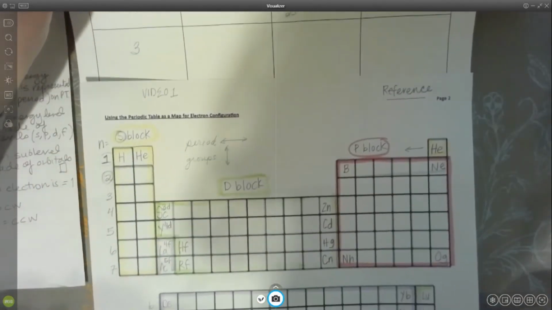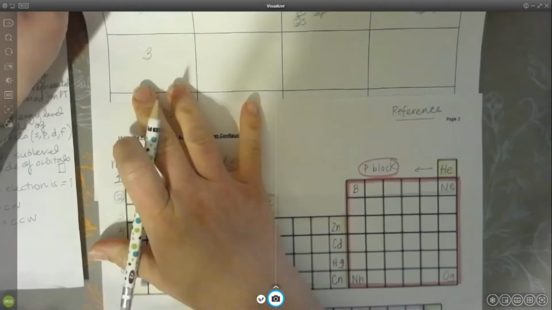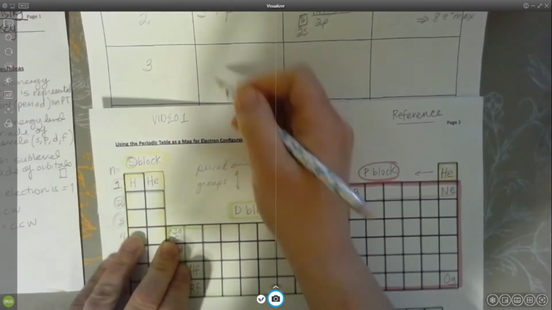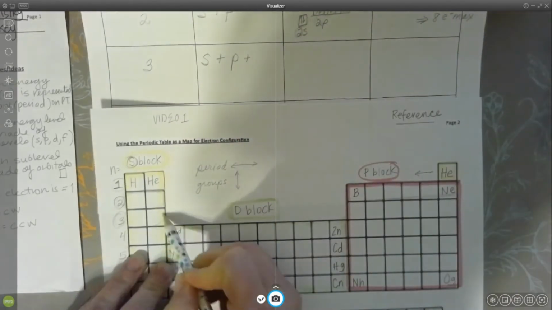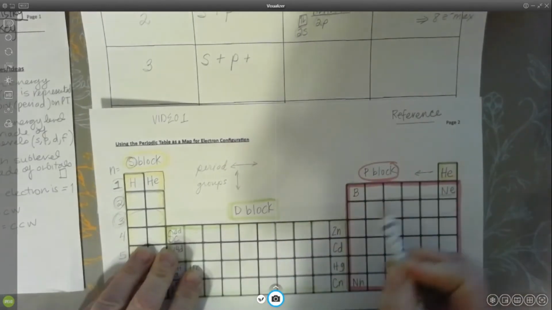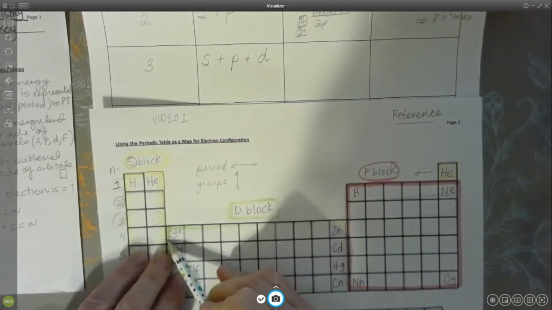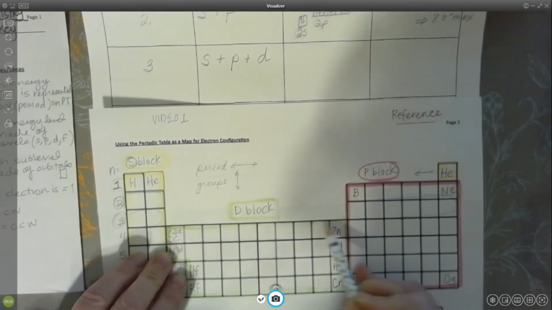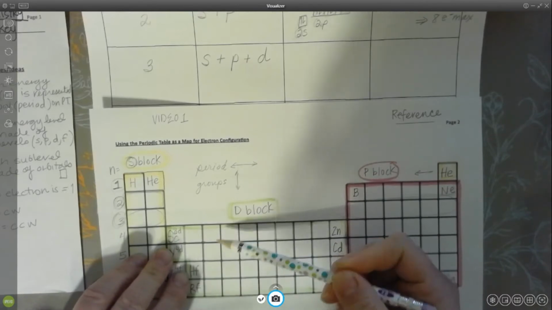All right, here we go to 3. So the 3 has a little bit of a tricky area. And the third energy level is going to have S and P, but it also has a D. Now these are tricky because these electrons at some points have higher energy, and so they get bumped up to the 4th energy level, but they're called 3D.